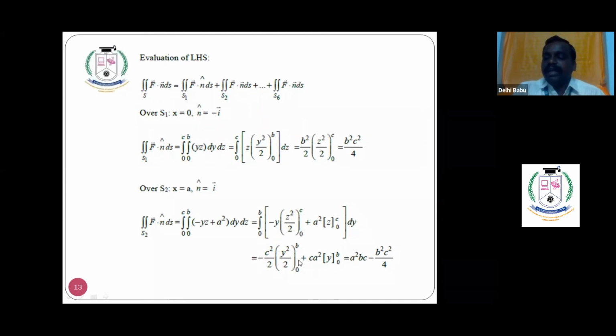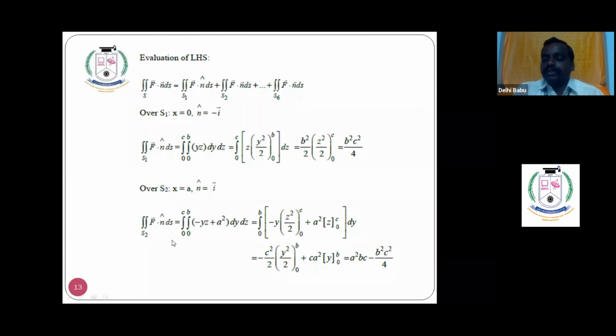Once again, y dy integration is y square by 2 between the limits 0 to b, plus c a square is constant. Integral dy is y between the limits 0 to b. So put y equal to b: minus c square b square by 2 into 2 is 4, plus a square bc. So I'll write the positive sign first and then the negative sign.